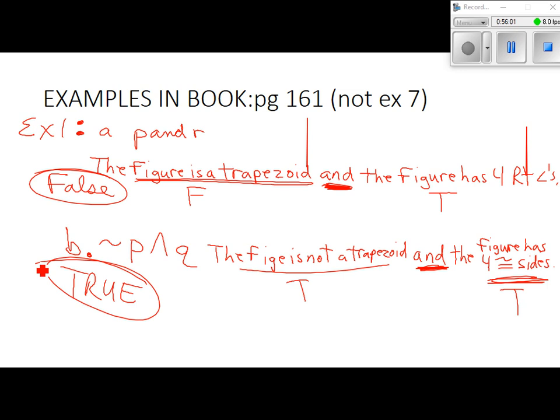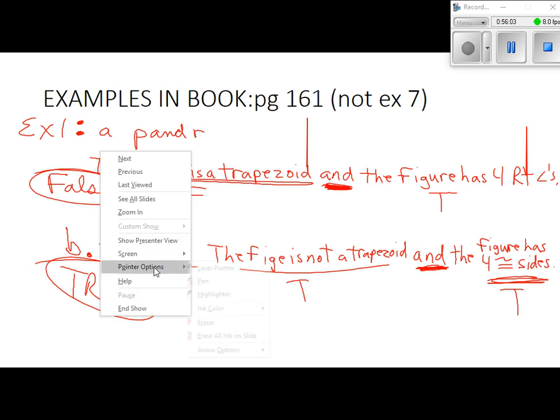Flipping over to the next page, example 2, page 162. Does everybody see P, Q, and R there this time?